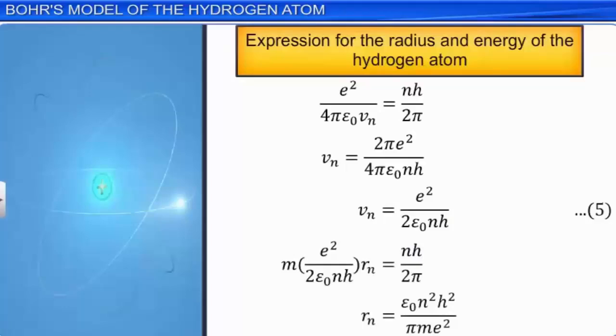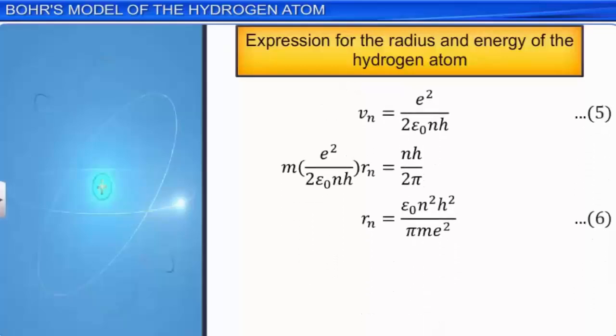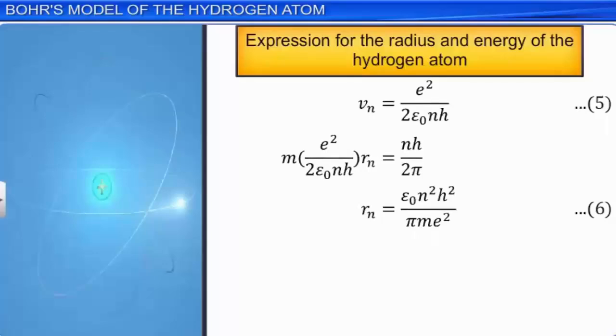By substituting n equal to 1 in the above equation, we get the radius of the innermost orbit, which is Bohr's orbit and is represented by a₀. Given a₀ = ε₀ h² by π m e².